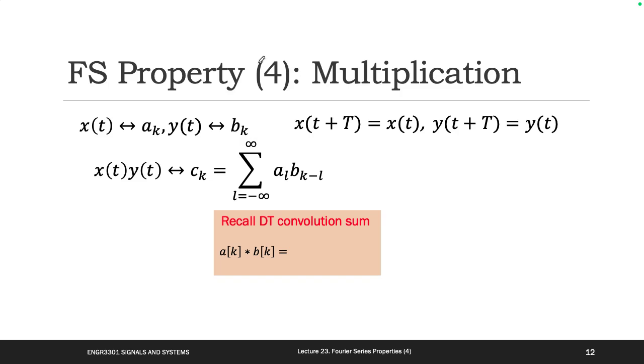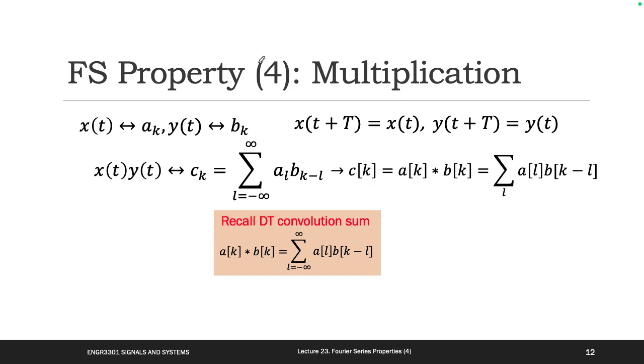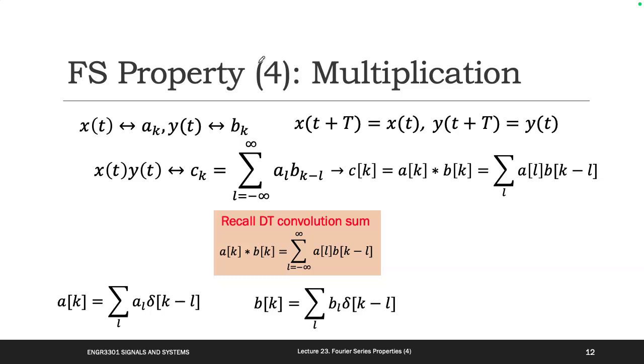Okay. So which means ck equals ak convolved with bk. We use this to represent ak, this to represent bk, and this to represent ck, and ck is just the FS coefficient for the new signal, and this new signal is x(t) multiplied by y(t).